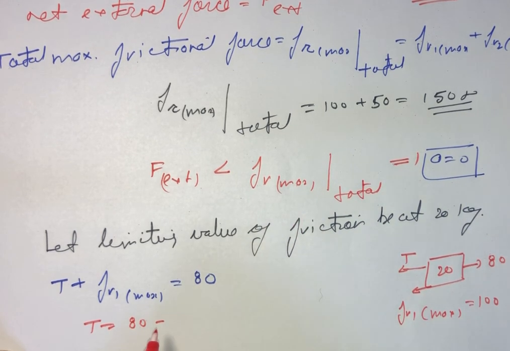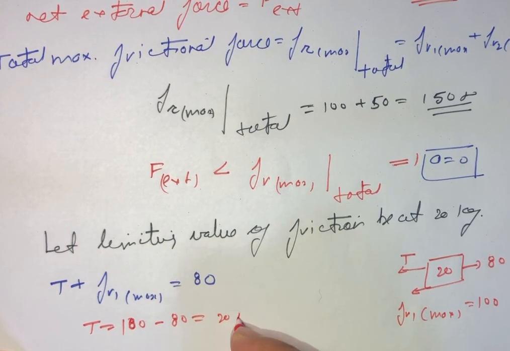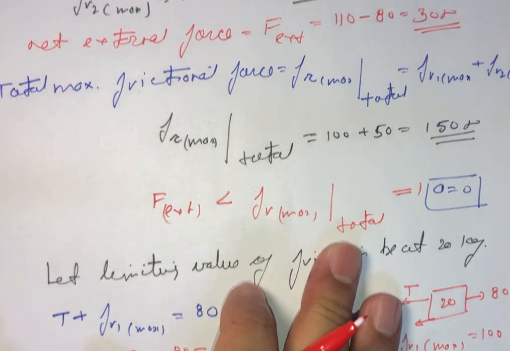One second. External force is 80 and FR max is 100. That's correct. Yeah, it's correct. 100 minus 80, which will be coming as 20 Newton.